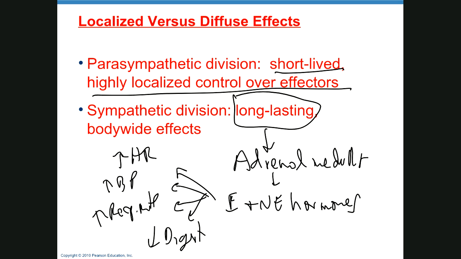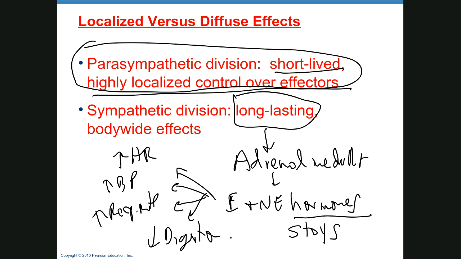Exactly the same effects. The difference is a hormone stays in the body for a long time because it has to be eliminated via the kidneys. So it's going to take a long time to be eliminated, whereas a nervous response is very quick. Because the parasympathetic nervous system does not have hormones, its effects are short-lived.